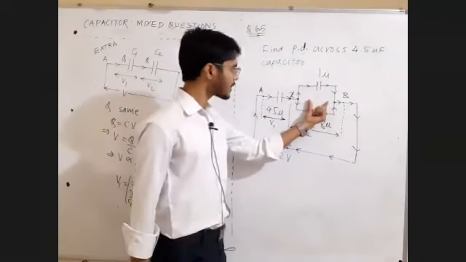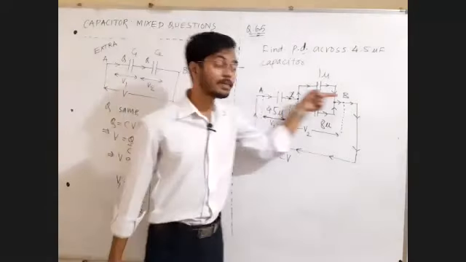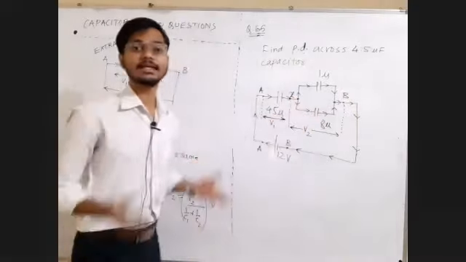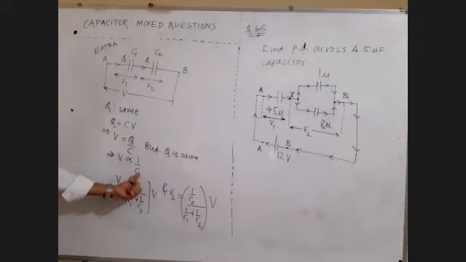That one capacitor and this 4.5 microfarad capacitor will both be in series, and in series the potential difference across a capacitor is inversely proportional to capacity, a fraction of the reciprocal of capacity.